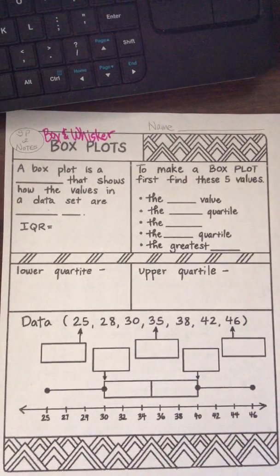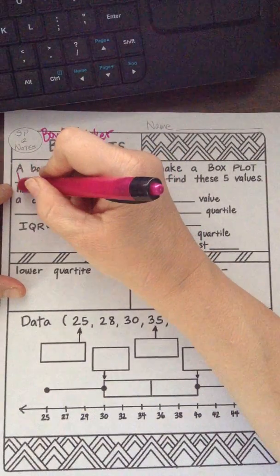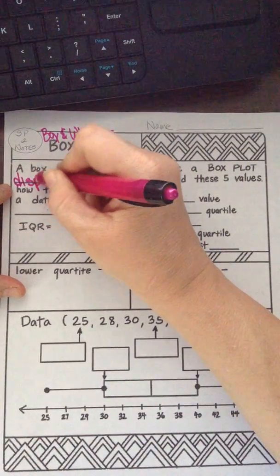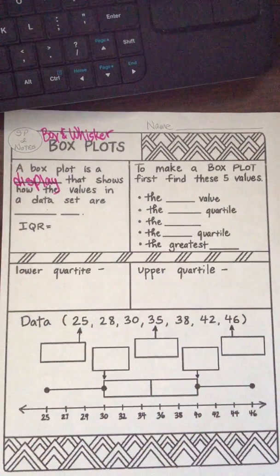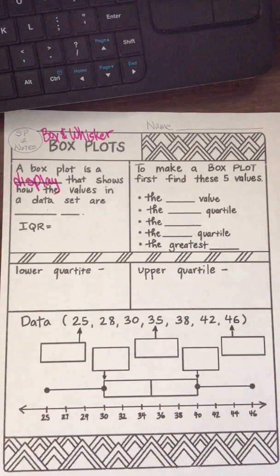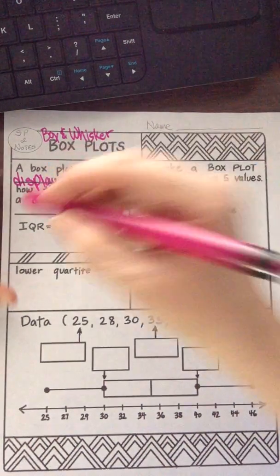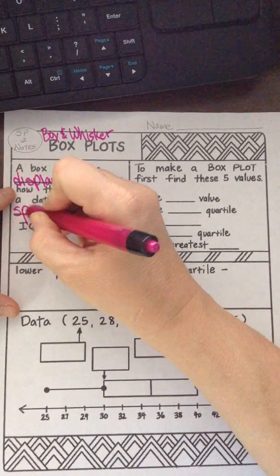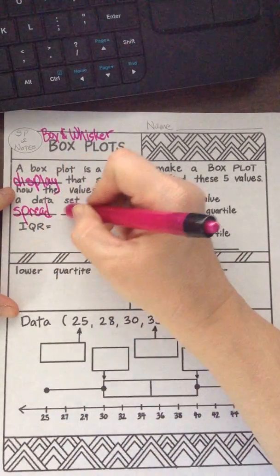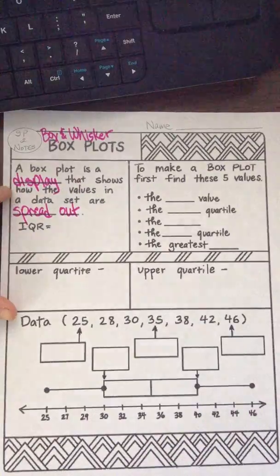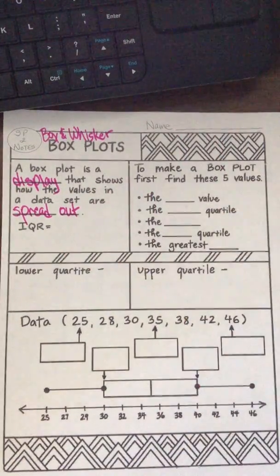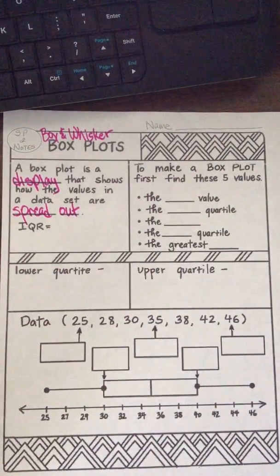A box plot is a display. It's actually a visual display that shows how the values in a data set are spread out. Okay, so you can take the data and put it all kind of in a line.